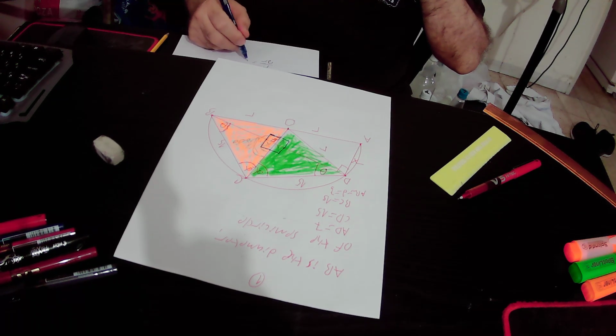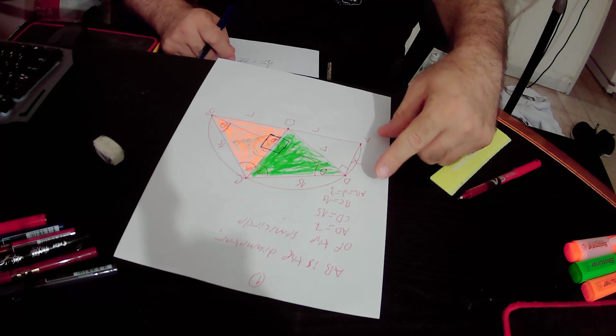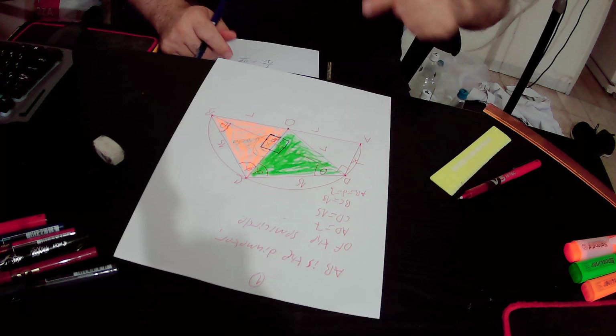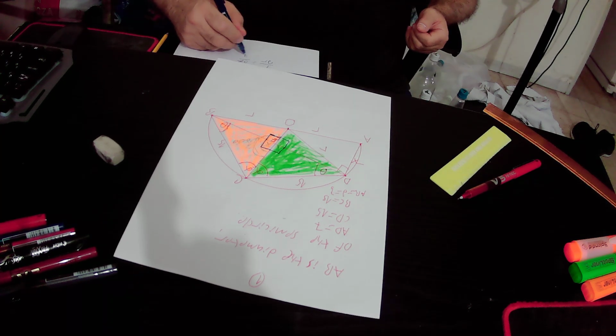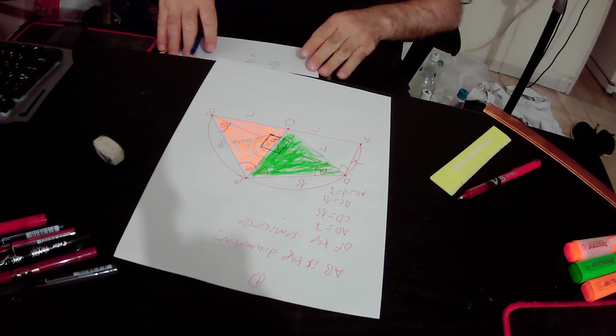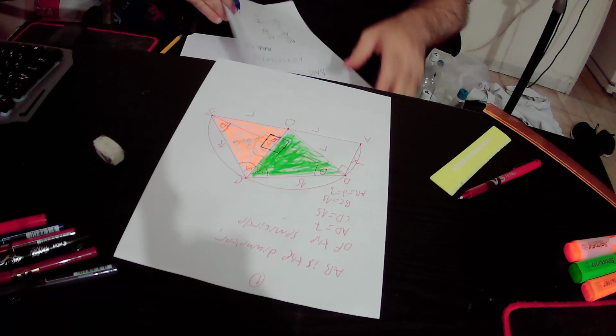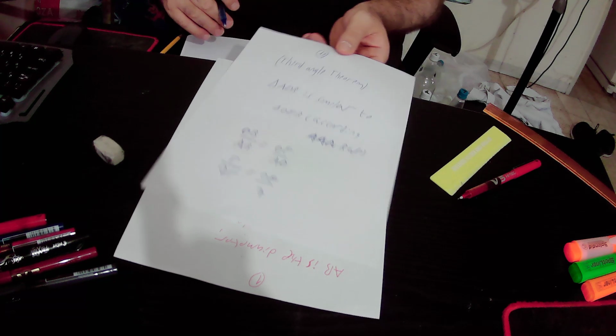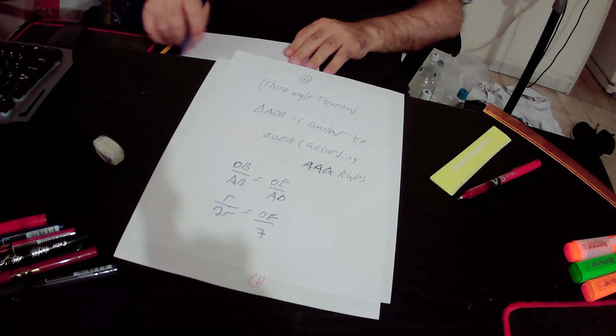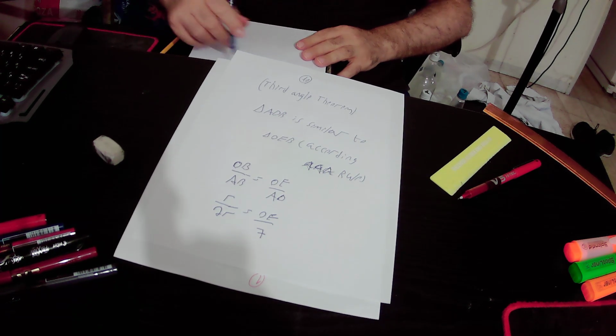all equals OE over AD. What is the value of AD? AD equals 7 units. It is given in the question. So in total we got that R over 2R equals OE over 7.